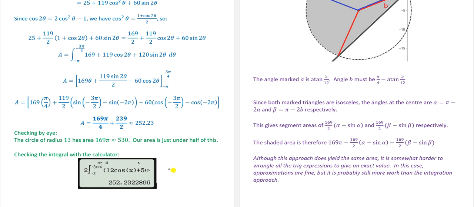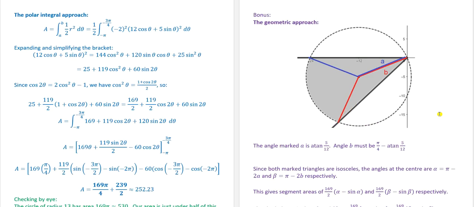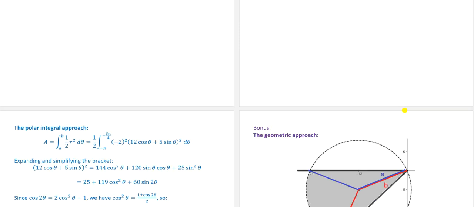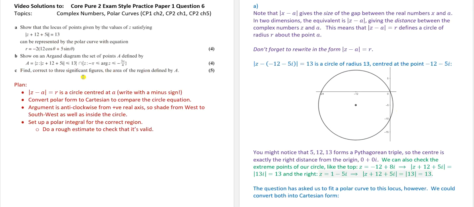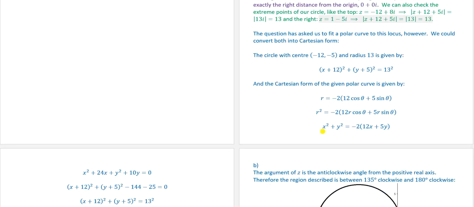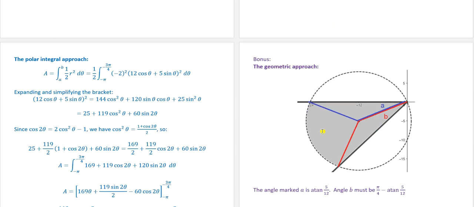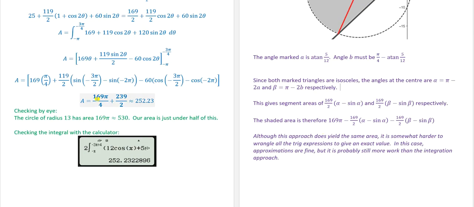Now, just briefly, if you do decide to go down the geometric route, you can possibly get away with it in this case, because the question said give your answer to 3 significant figures. So at the very end, we're not necessarily needing an exact value. Polar integration can give us nice exact values.